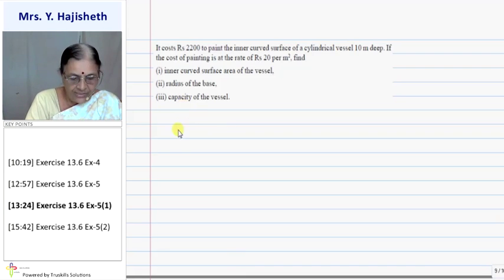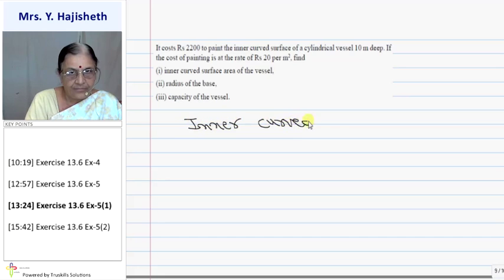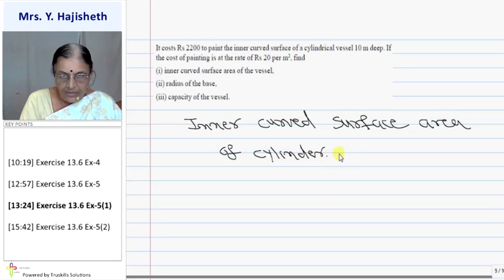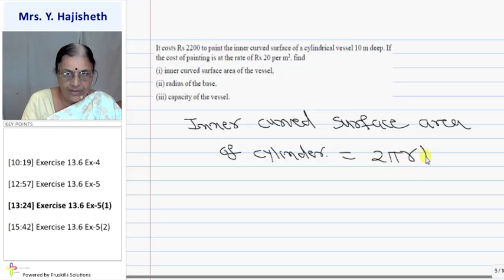First question is you are asked to find out inner curved surface area, okay? Inner curved surface area of cylinder is equal to 2 pi r into h.